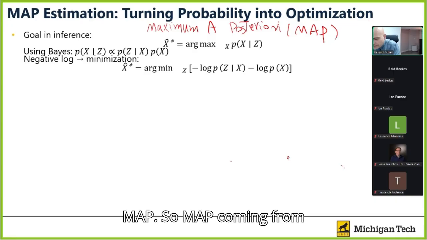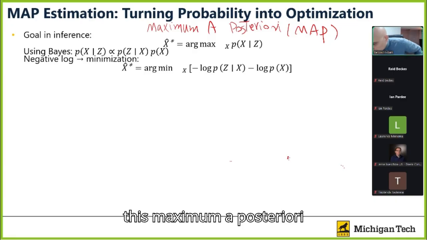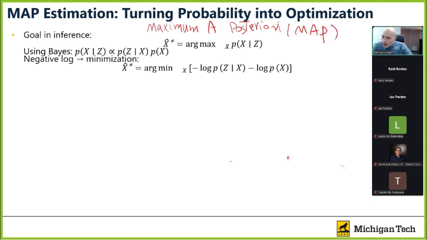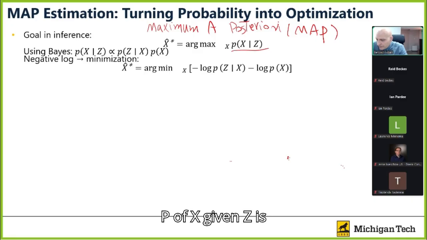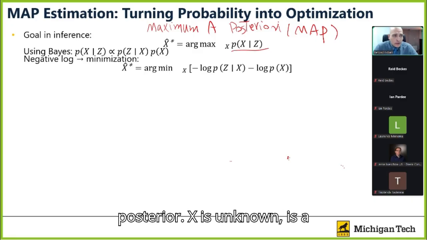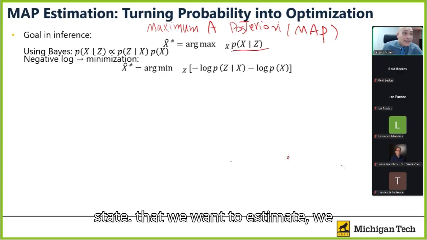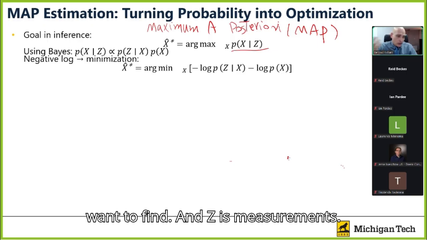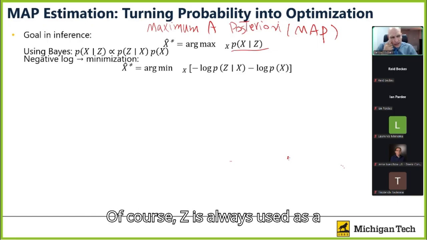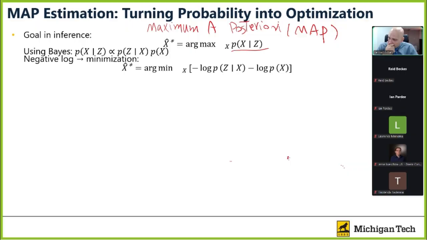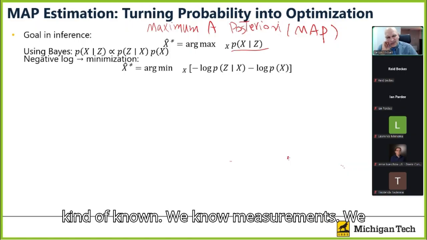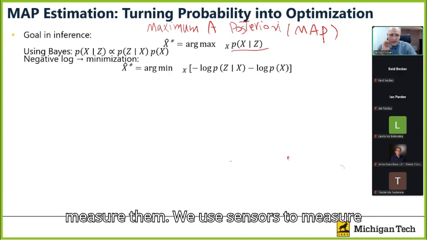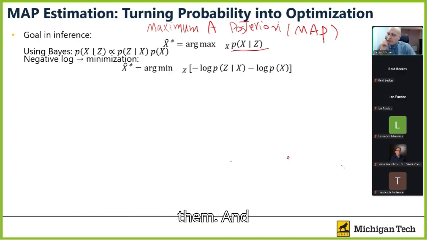So MAP comes from this maximum a posteriori estimator. So we have the posterior, P of x given z is the posterior, x is the unknown, the state that we want to estimate, we want to find, and z is measurements. Of course, z is always used as a measurement. I don't know why they use z. So z is measurements. We know measurements. We measure them. We use sensors to measure them.